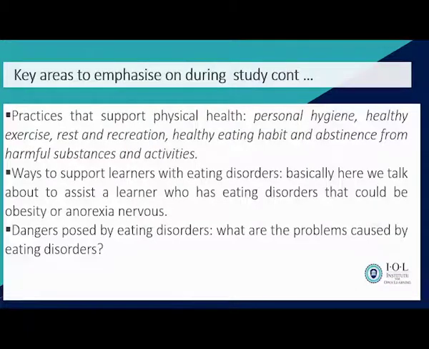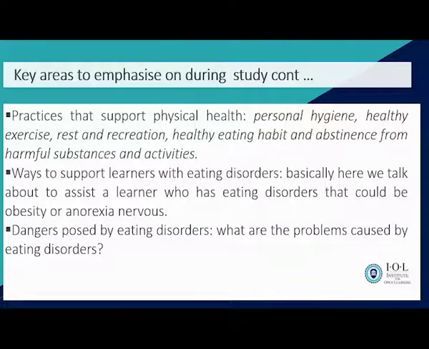And then we have practices that support physical health. These practices are personal hygiene, health exercise, rest and recreation, healthy eating habits, and abstinence from harmful substances and other activities. So the child needs to be clean body-wise.